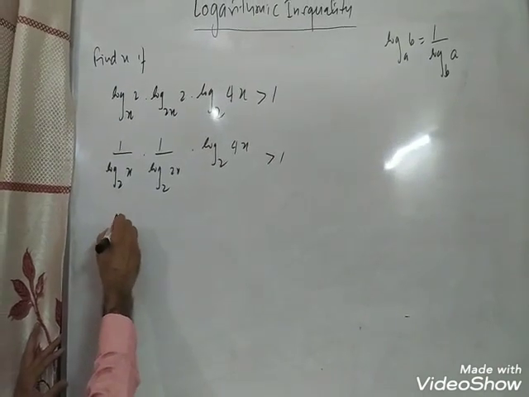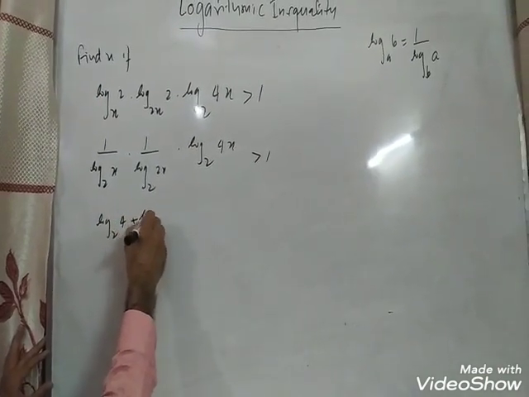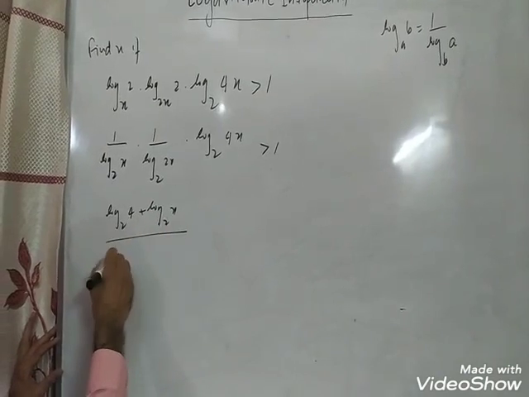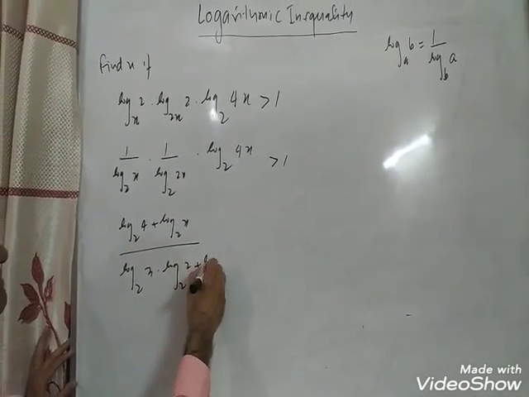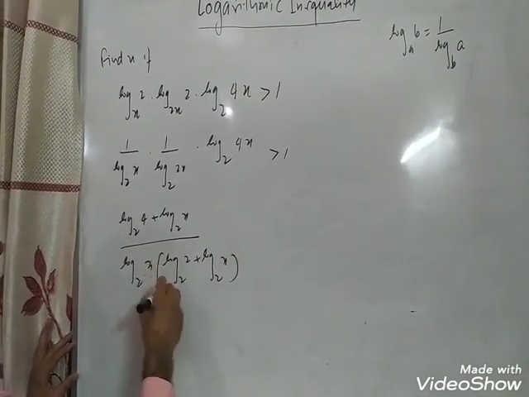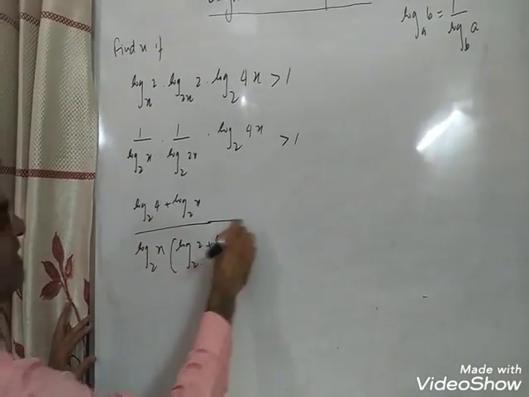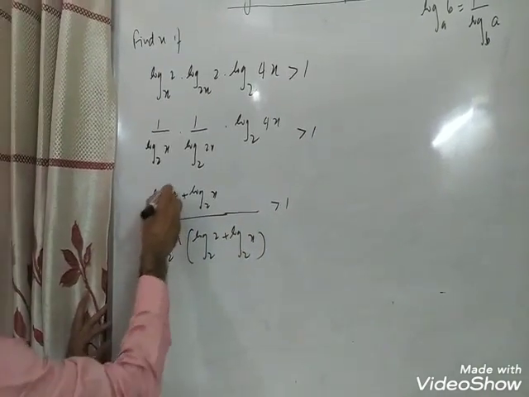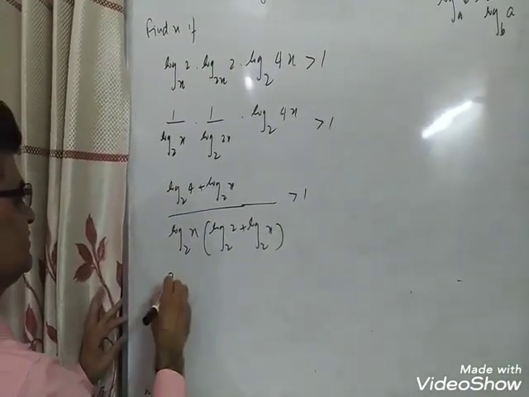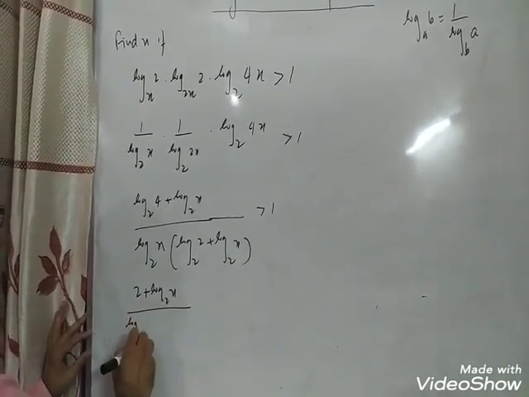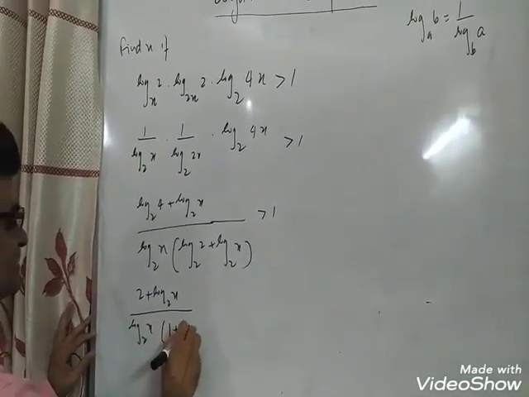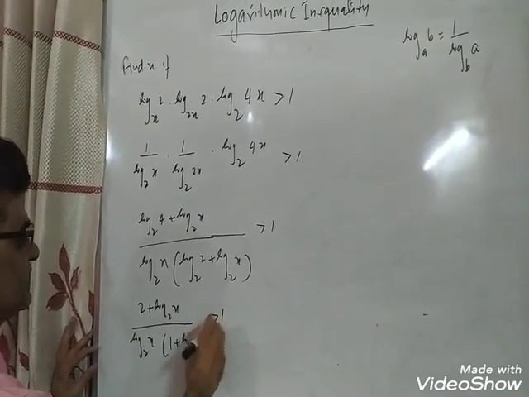So log 2 4 plus log 2 x upon log 2 x into log 2 2 plus log 2 x, and that is greater than 1. So you can see that this will be equal to 2 plus log 2 x upon log 2 x into 1 plus log 2 x greater than 1.